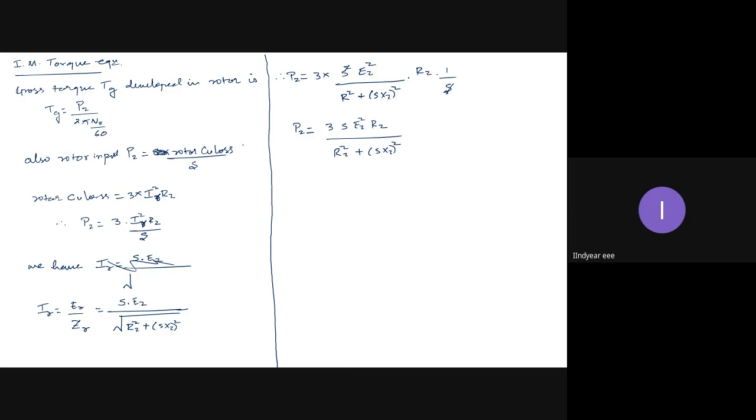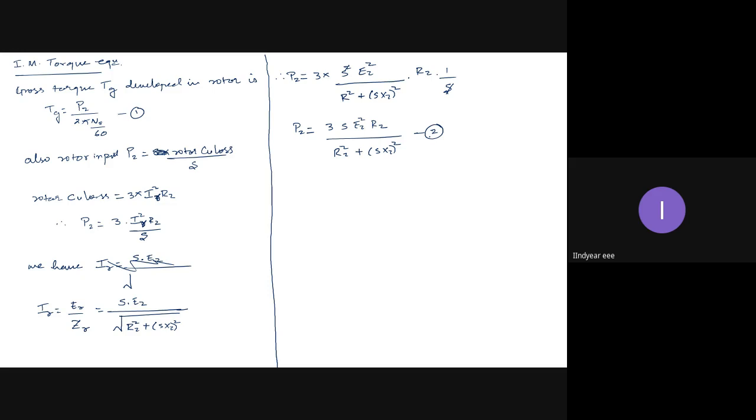For the time being, take this as equation 1 and this as equation 2.